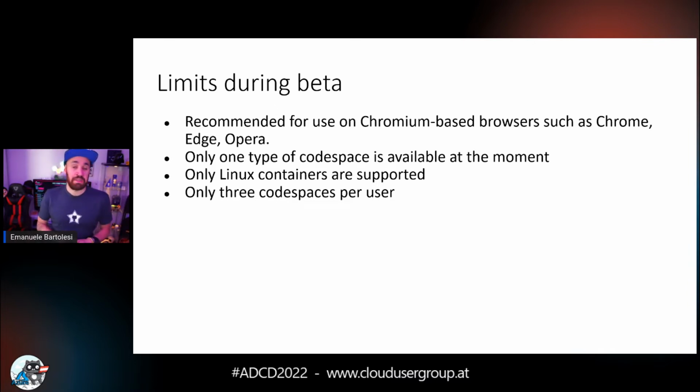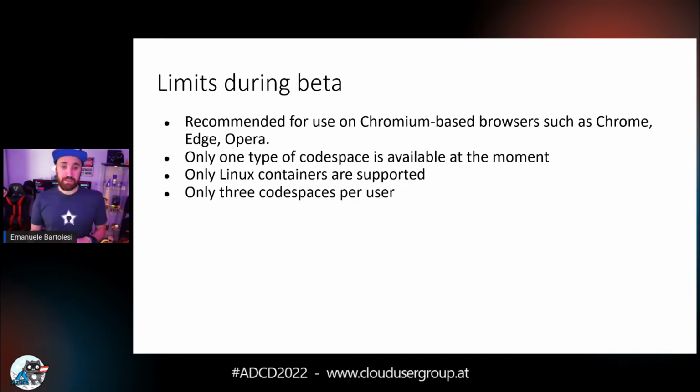So it's not really a problem because .NET is supported also on Linux, maybe better than Windows, it's faster, of course. But you also have only 3 Codespaces per user. But if you have a GitHub Pro account with the beta, you can use as many Codespaces as you want.